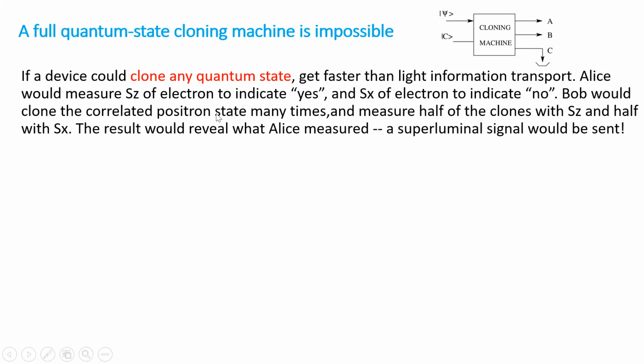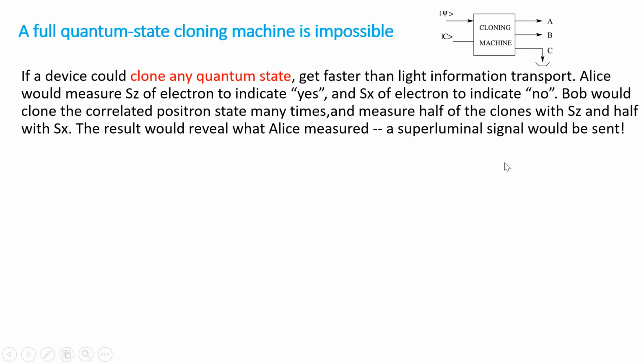If there's only one positron state, if Bob can't clone it, then there's no way he can take half of the clones, because half of one is half of a particle, which doesn't really make sense. So in any case, if the cloning is possible, the result would reveal what Alice has measured. And if these are far enough apart, we could have a superluminal, or faster than light, signal sent.